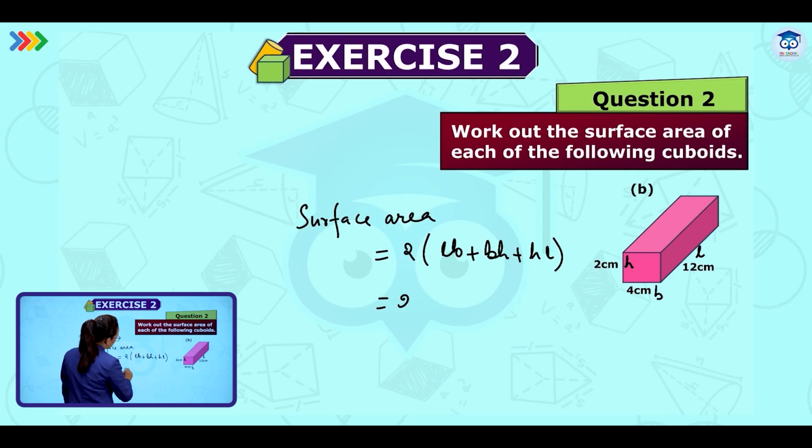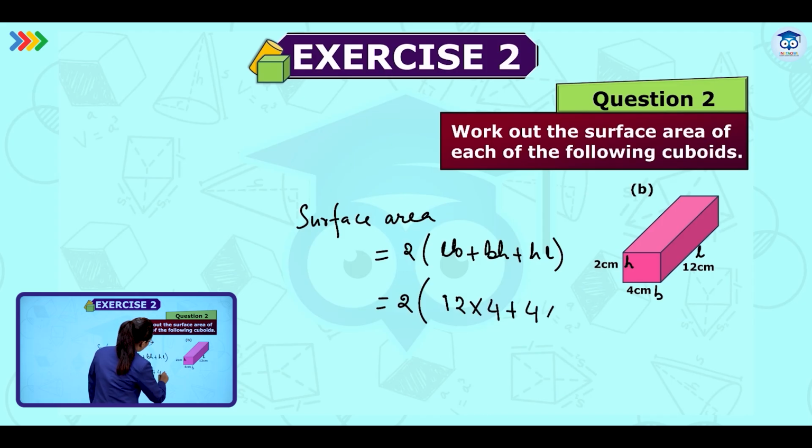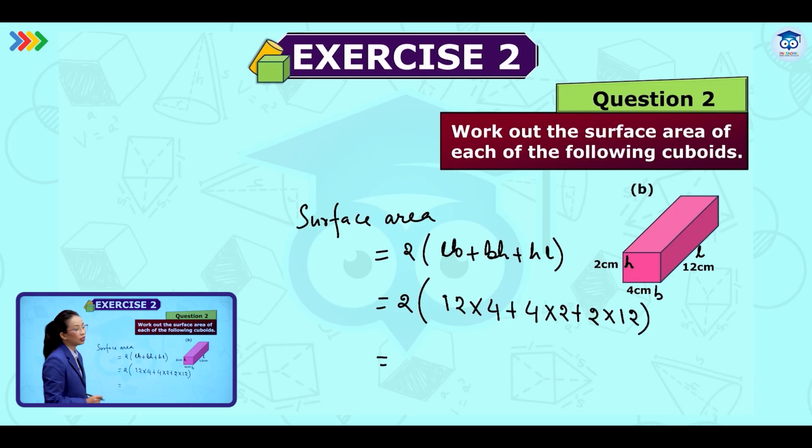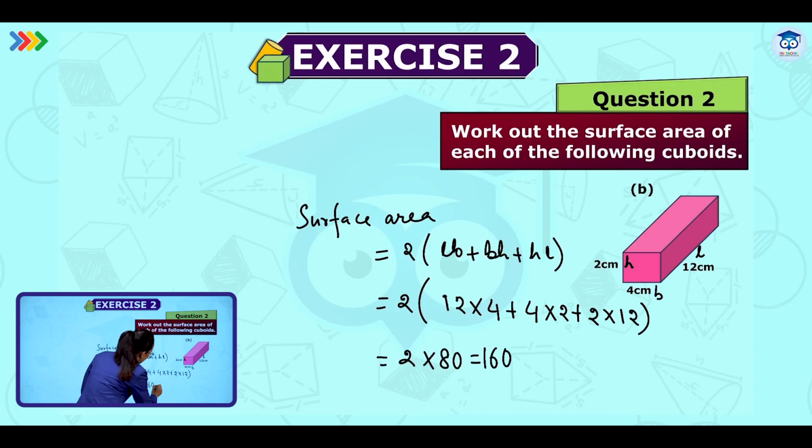So the value is 2 times of this 12 into 4, 4 into 2 and then 2 into 12. So we can calculate this and we'll have the value as 2 into 80, that is 160 centimeters square.